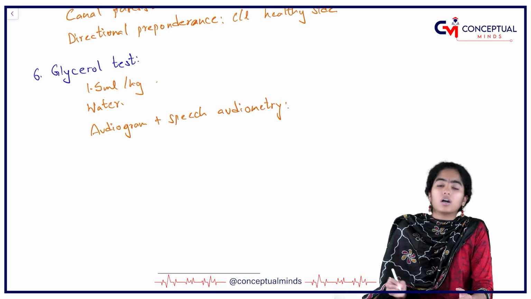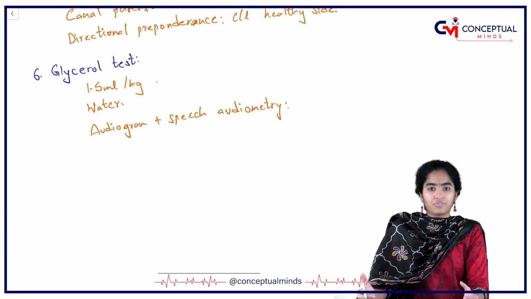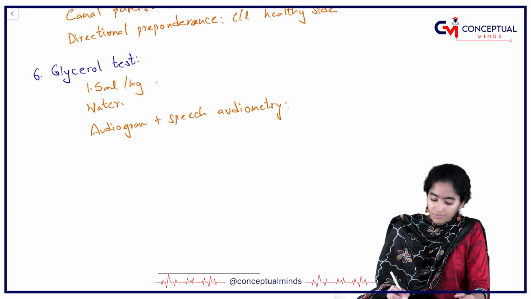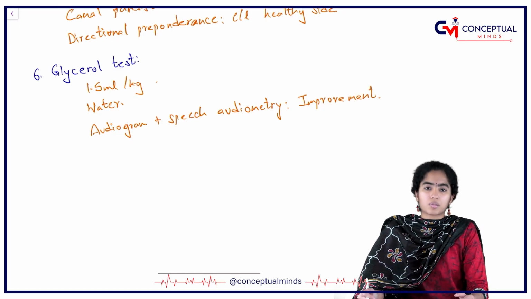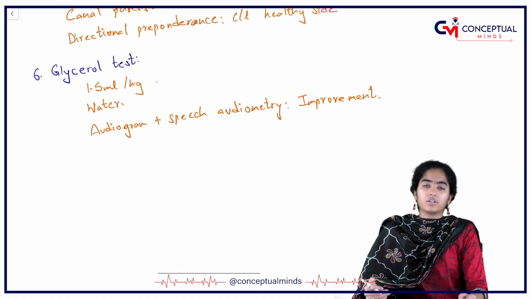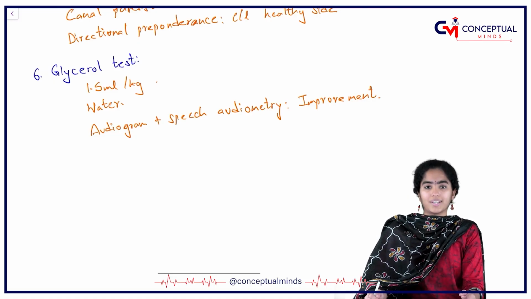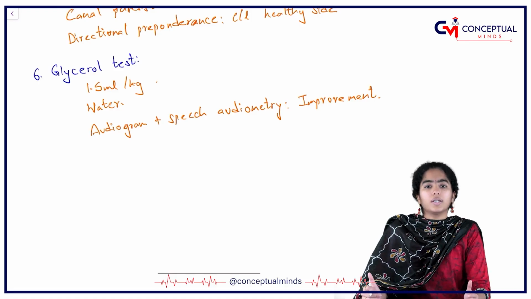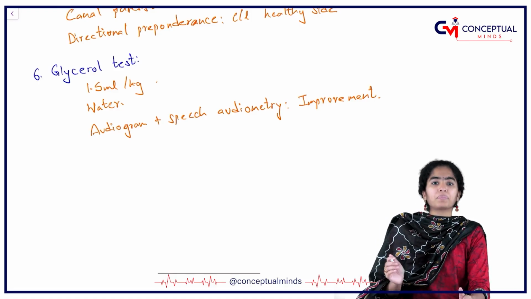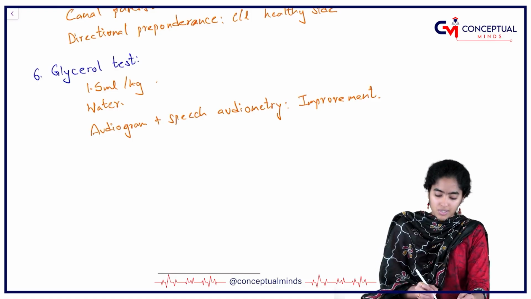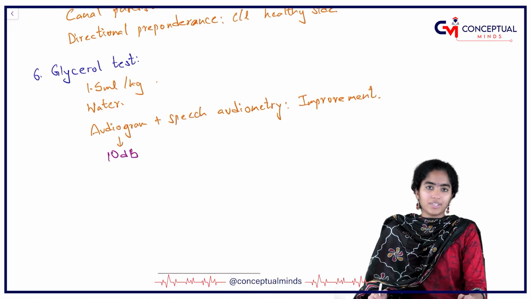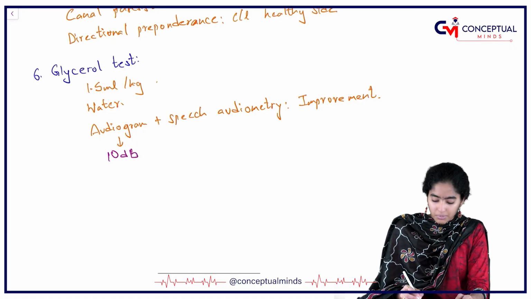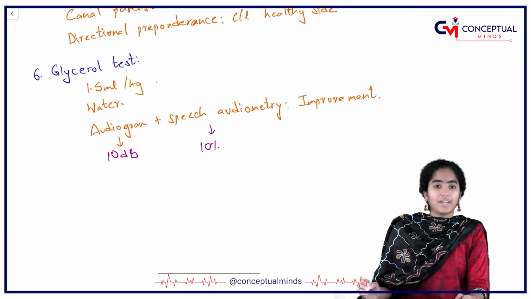After consuming glycerol, what we find is the scores have improved. There is a good improvement seen in both these scores. 1 to 2 hours after taking glycerol, we do these two tests and we find a good improvement in the score. How much improvement? At least 10 decibels difference in the audiogram between the two tests, and a speech discrimination score improvement of more than 10%.